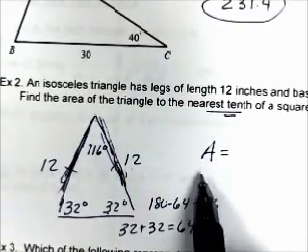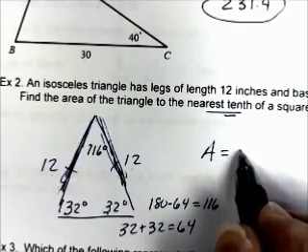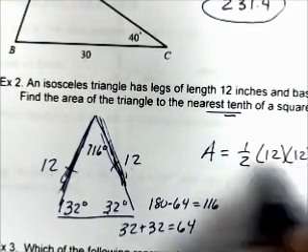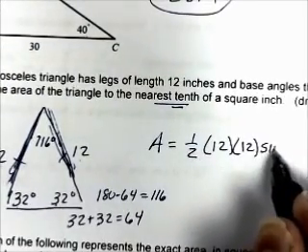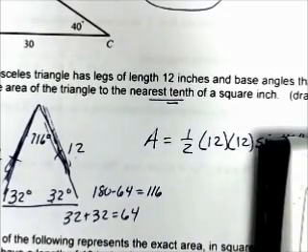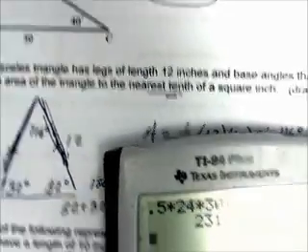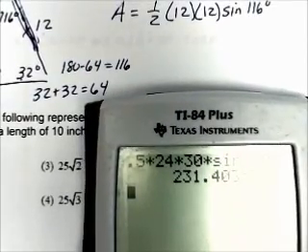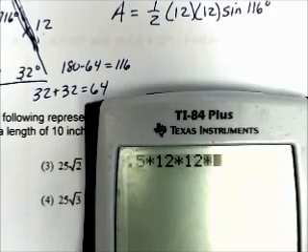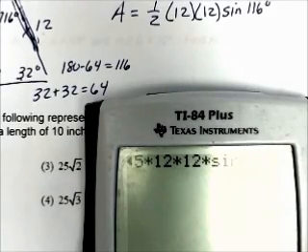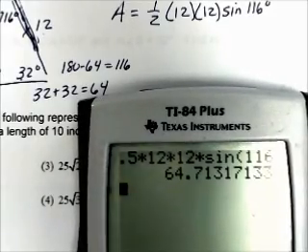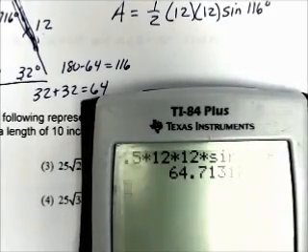Now we go to our formula for area of a triangle, which is going to be 1/2 the product of the two sides times the sine of the included angle. So times the sine of 116 degrees. And back to the calculator. To the nearest tenth, 64.7.